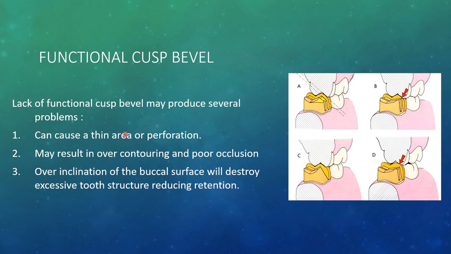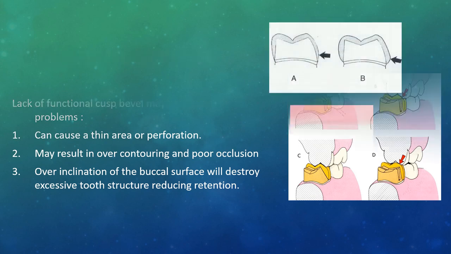That is, thin area or perforation may result in over contouring and poor occlusion. Over inclination of the buccal surface definitely will destroy excessive tooth structure, reducing retention. So these are the problems which can arise if we do not give proper functional cusp bevel.